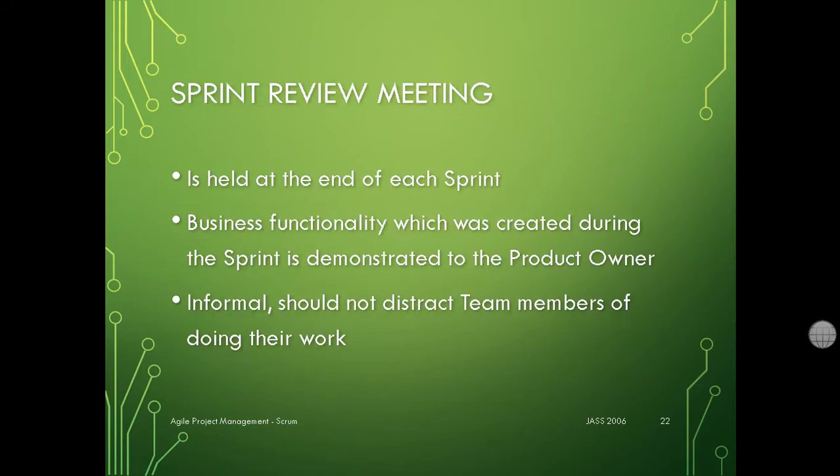Then at the end of the sprint, the review meeting should be held. Business functionality should be demonstrated or shown to the product owner, of course. You should show him what has been done in those 2 to 4 weeks. It should be informal, and not everyone should be there.